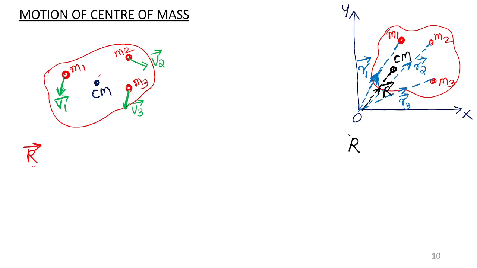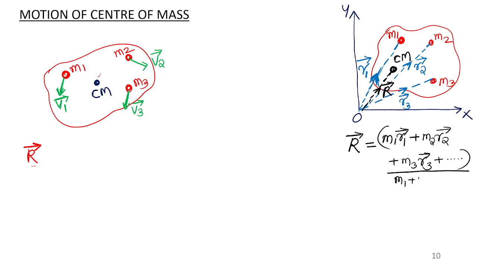The position vector of the center of mass is given by m1 r1 plus m2 r2 plus m3 r3 plus and so on, each mass to be multiplied with its respective position vector, divided by m1 plus m2 plus m3 plus etc. Put it in a box.